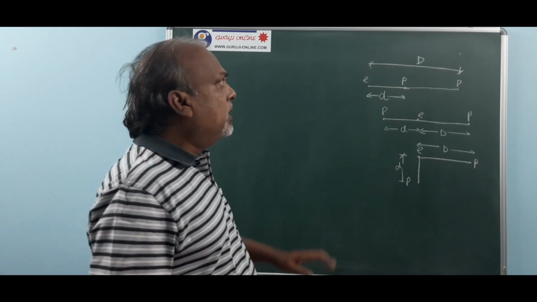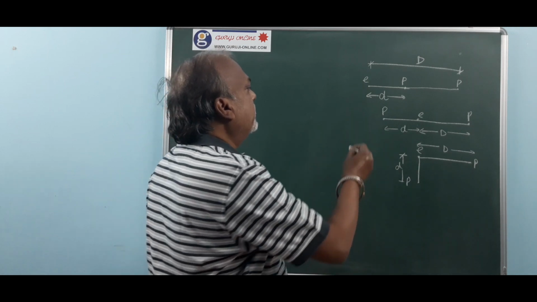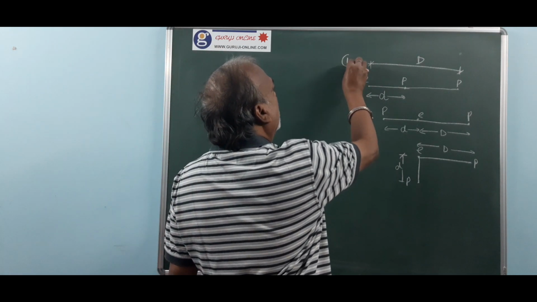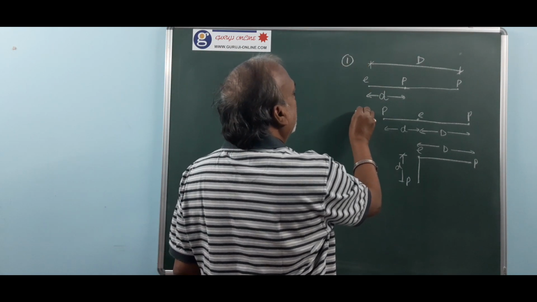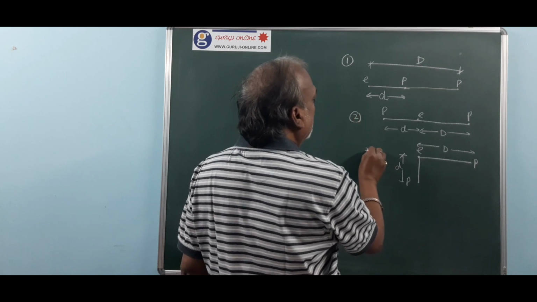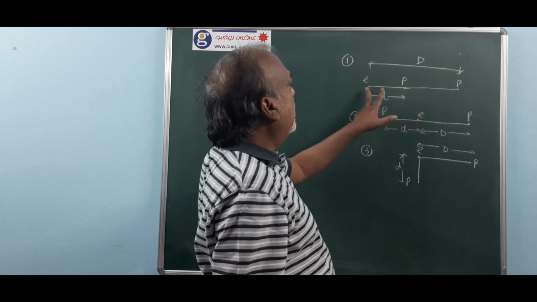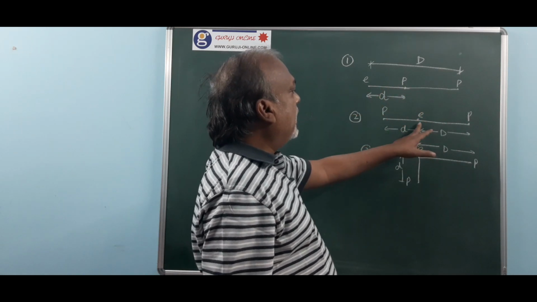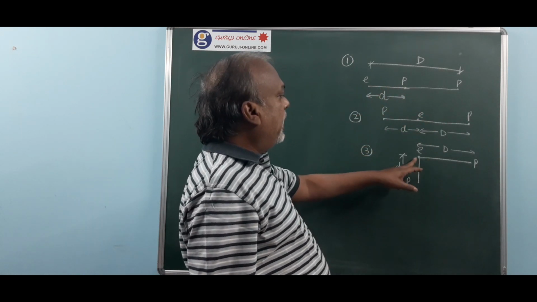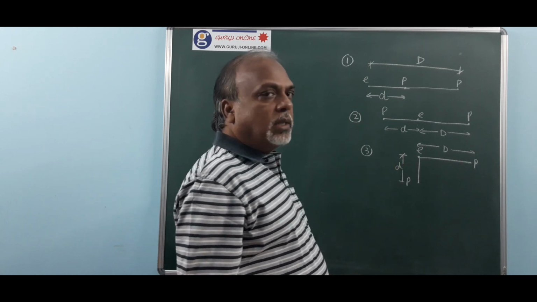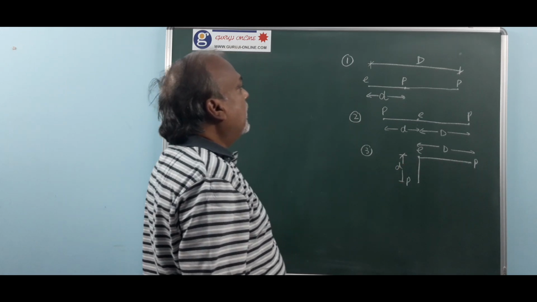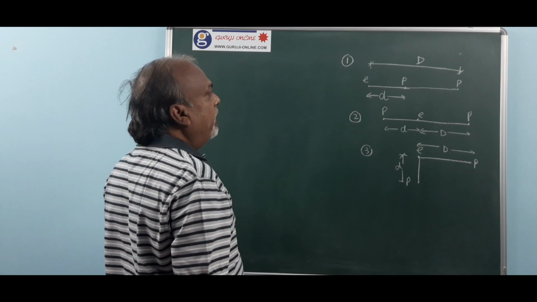Let us analyze these three situations and see the force on the electron. Here two protons are there, electron is there. Here two protons, electron is in between. Here electron is here and two protons are like that. Naturally, in the first case, what will happen?